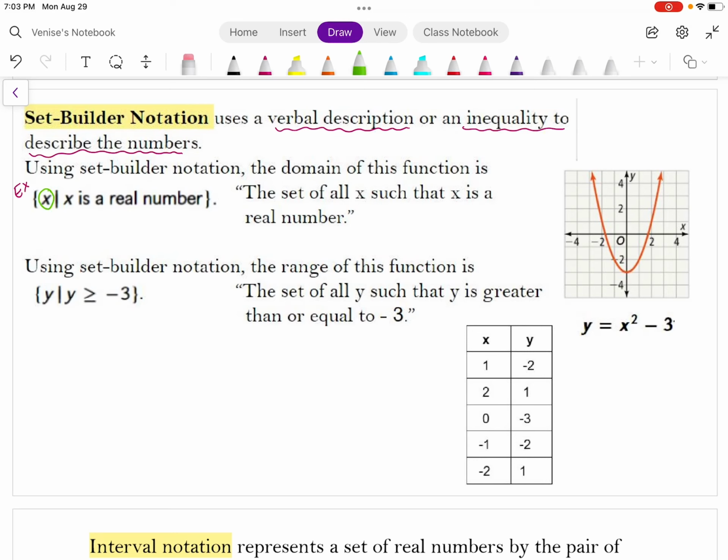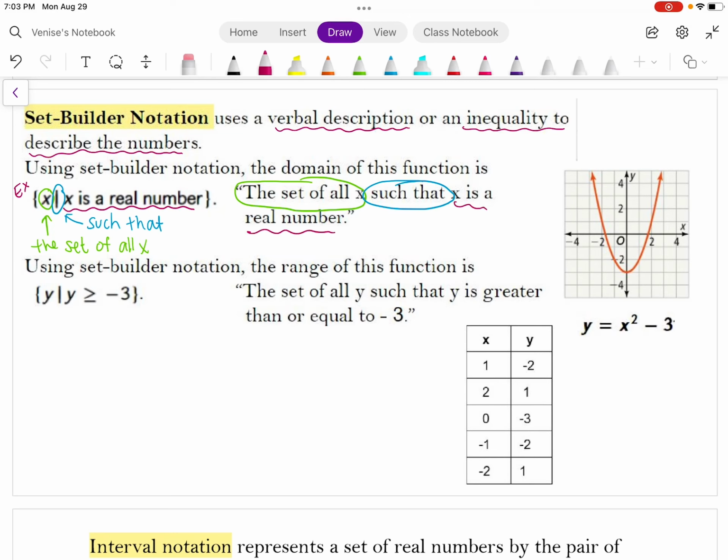So x is basically the set of all x, which is this right here, and this line means such that, which is this right here in the sentence, and then the rest is here. The rest is here. Set x is a real number.